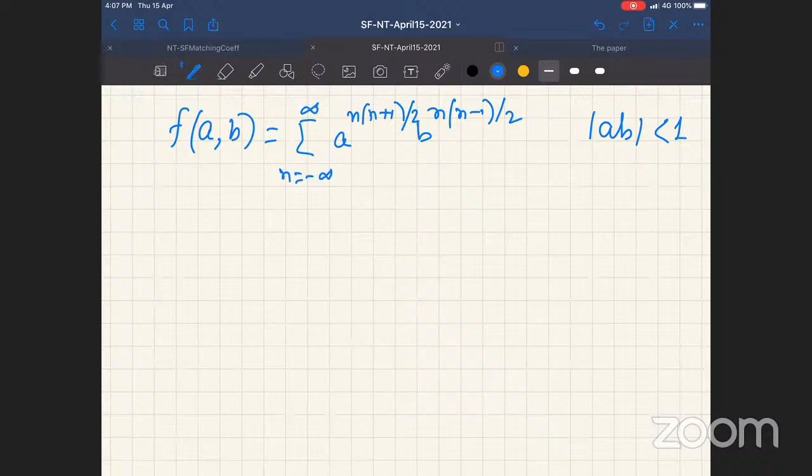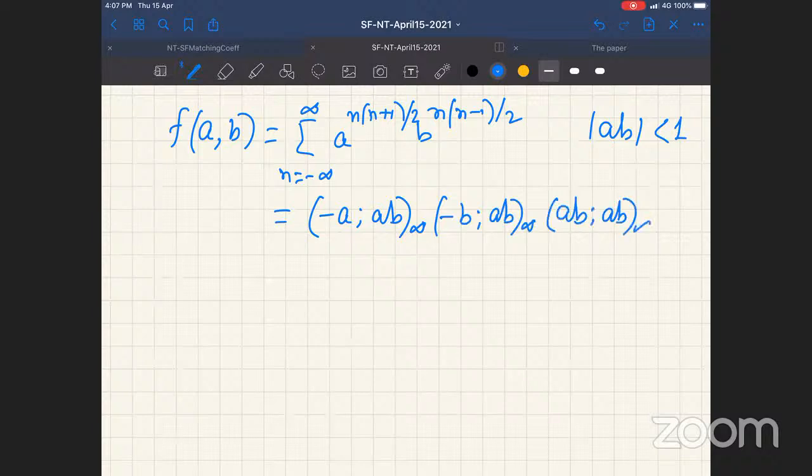By the Jacobi triple product identity, I can write this as (-a, -b, ab; ab) infinity.